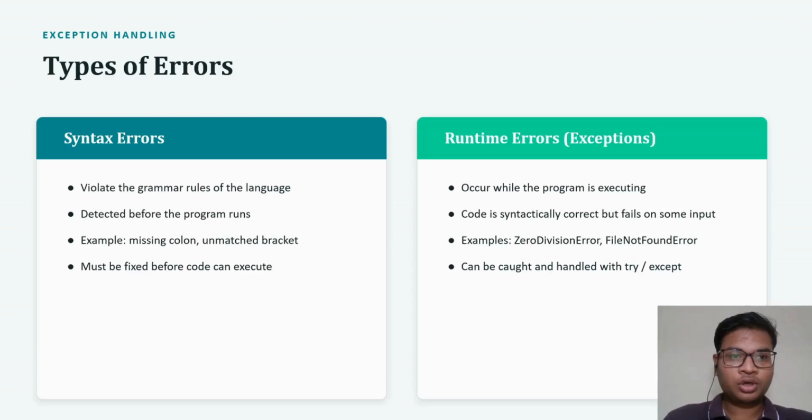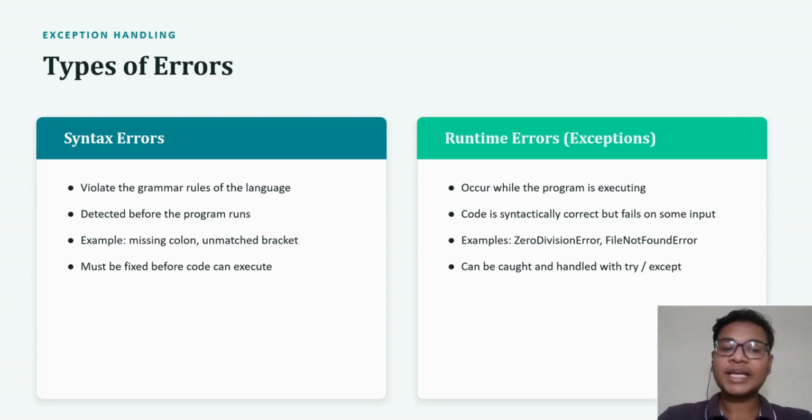Now let's talk about the types of errors. At this time we have two kinds: first, the syntax error, and second, the runtime error, which is known as an exception. First of all, the syntax error violates the grammar rules of the language.